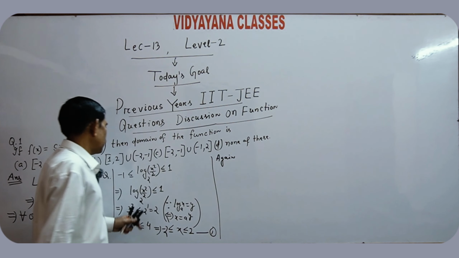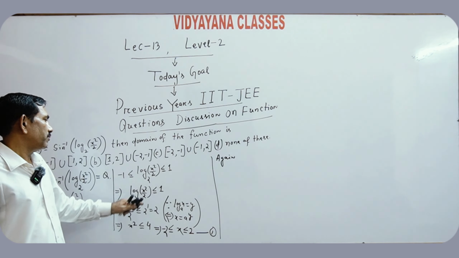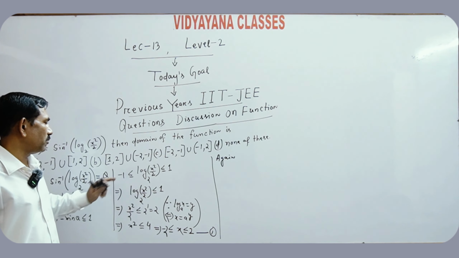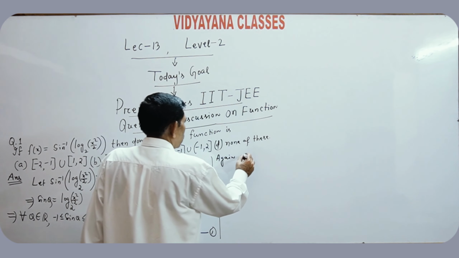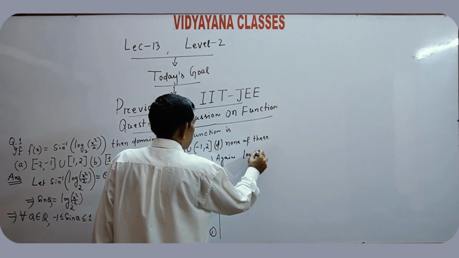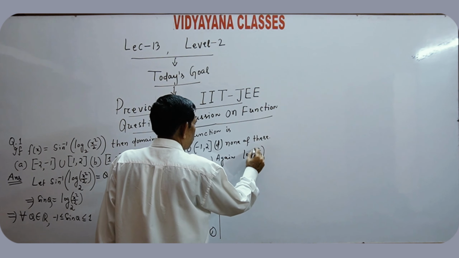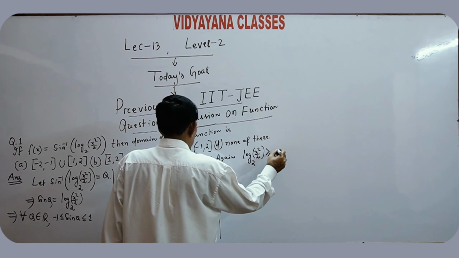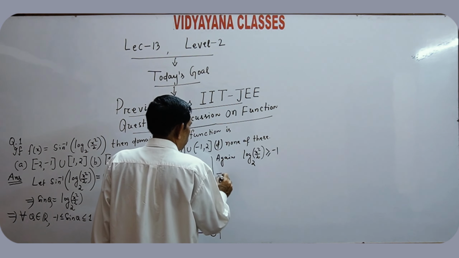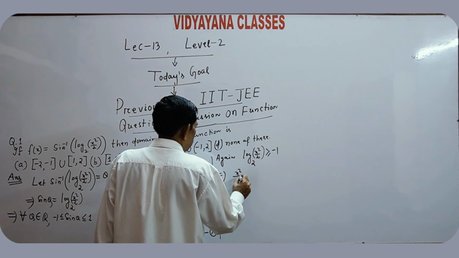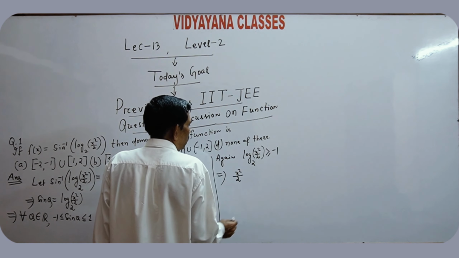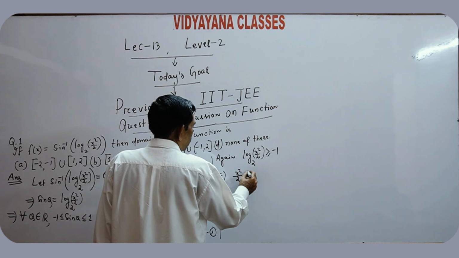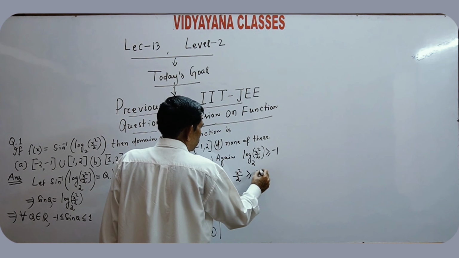Again, log of x squared by 2 with base 2 is greater than or equal to minus 1, which implies x squared by 2 is greater than or equal to 2 to the power minus 1.